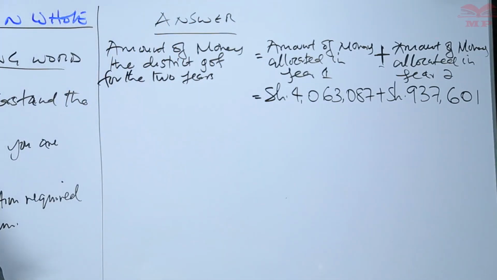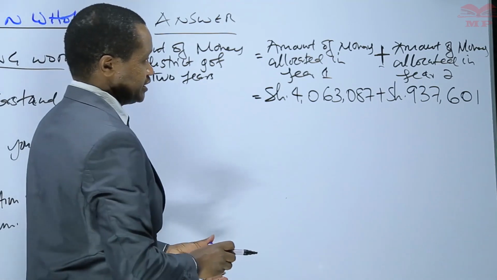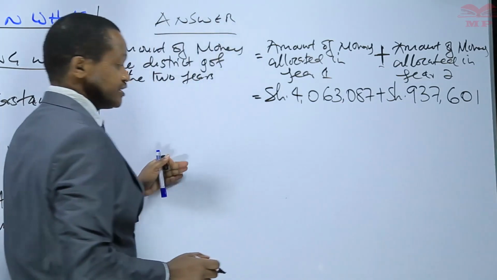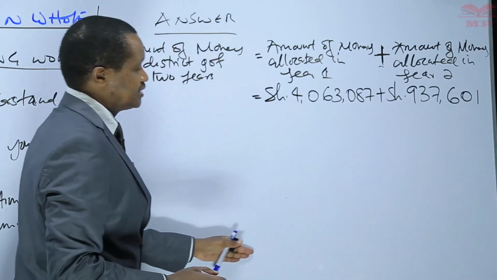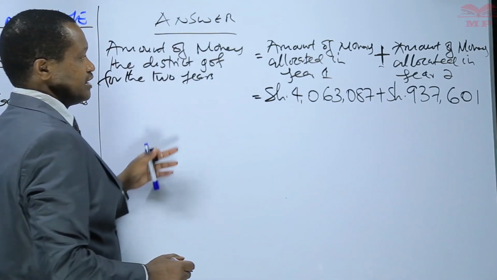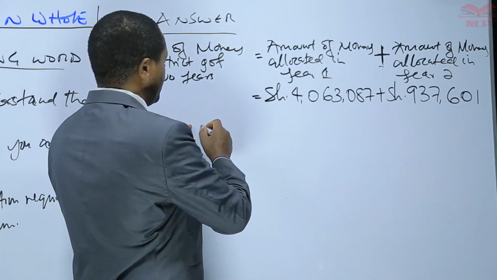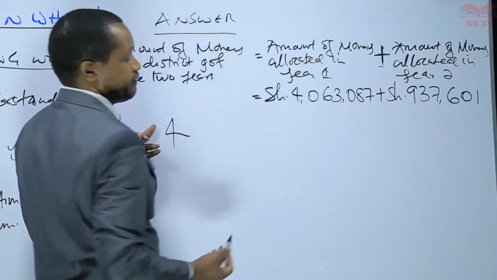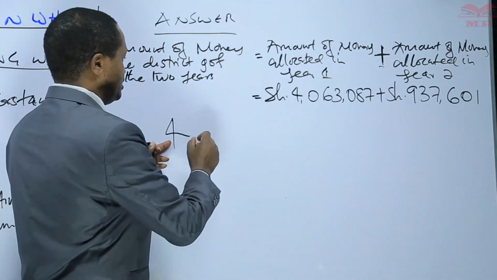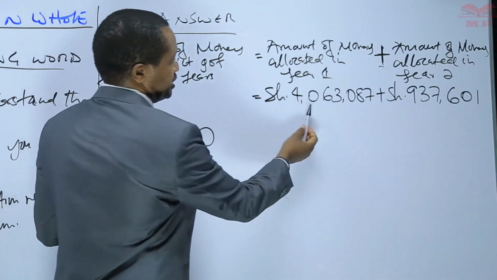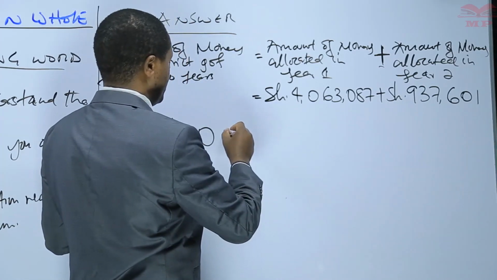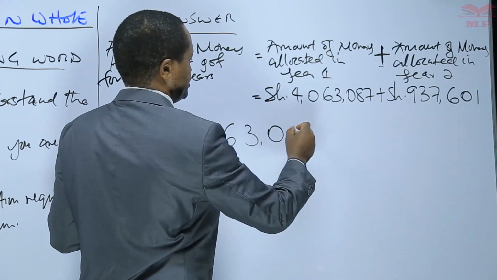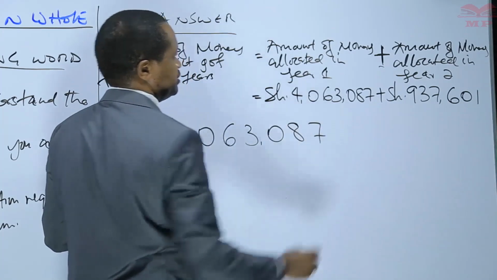So we are going to add, and we said when adding numbers we first align the numbers according to their place values. So this 4 is in the place value of millions. Let me just write the whole of it, 4,063,087.